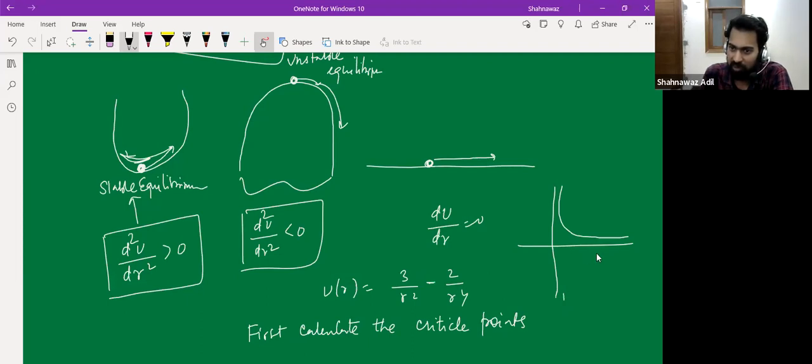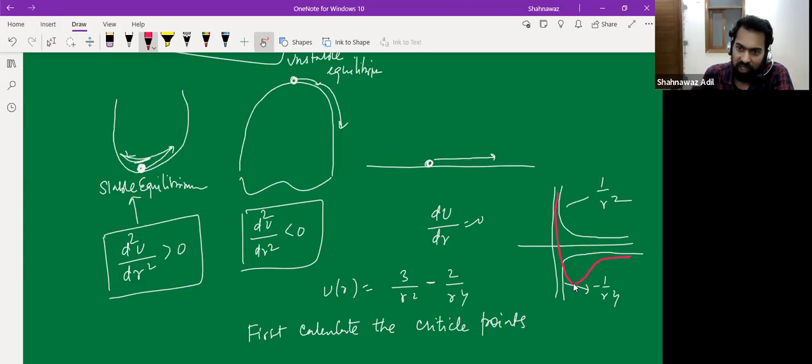This will be a steep kind of curve. So this is minus of 1 over r4, and this is 1 over r square. When you combine these, you will have an effective diagram like this.